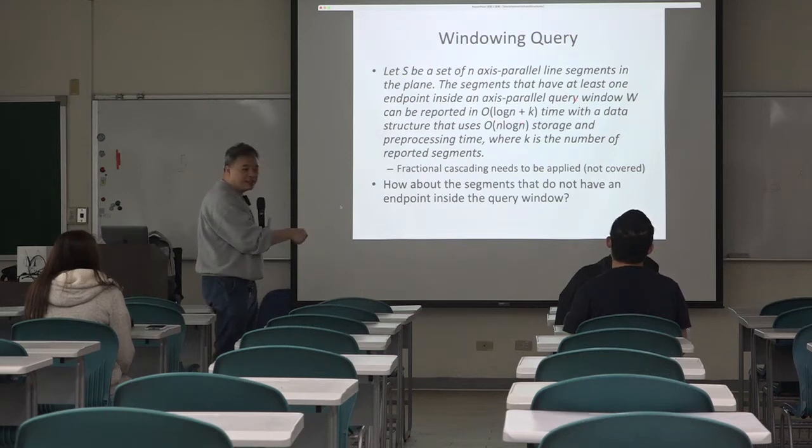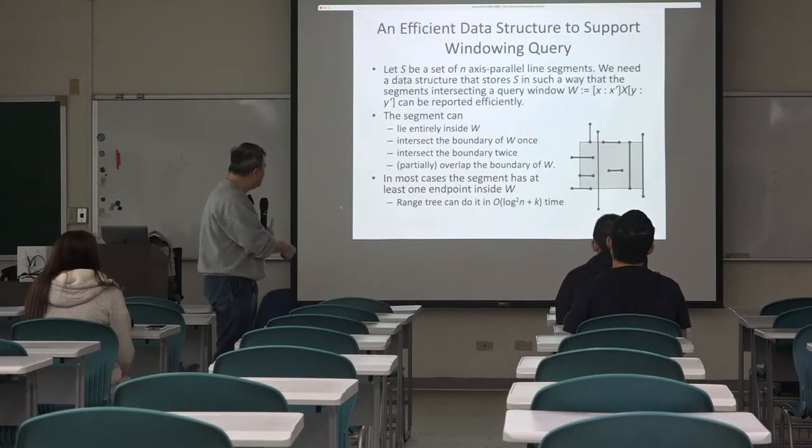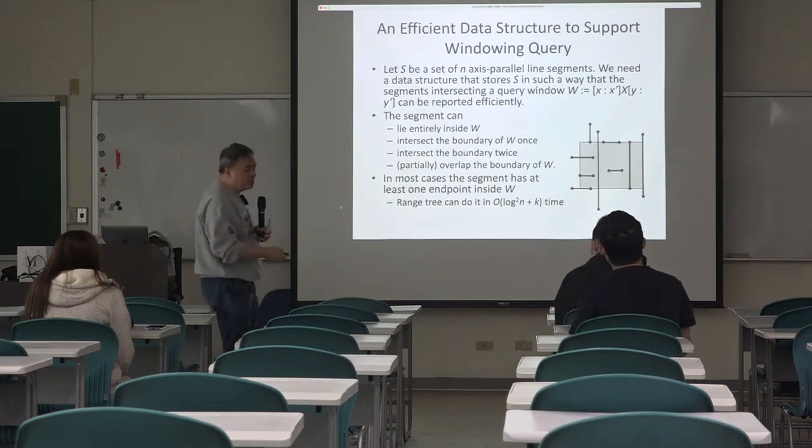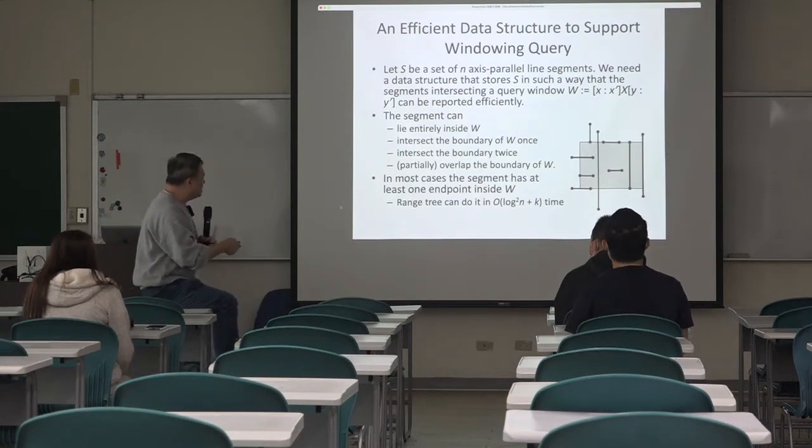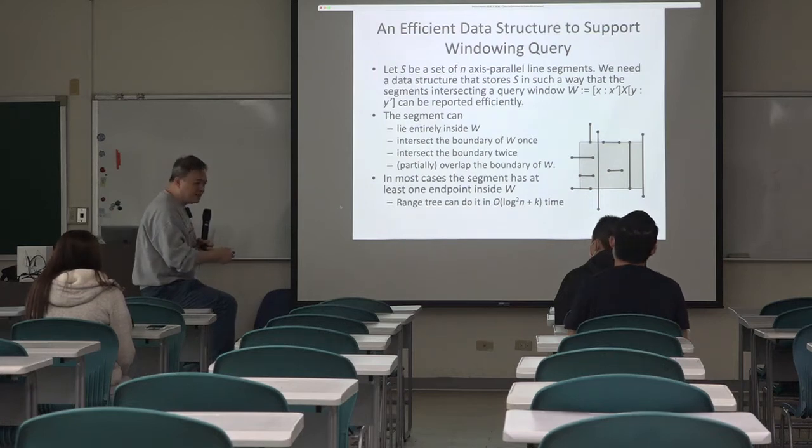But when you use the interval tree to deal with the third case and part of the fourth case, you are not able to get a query time better than log n squared plus k.